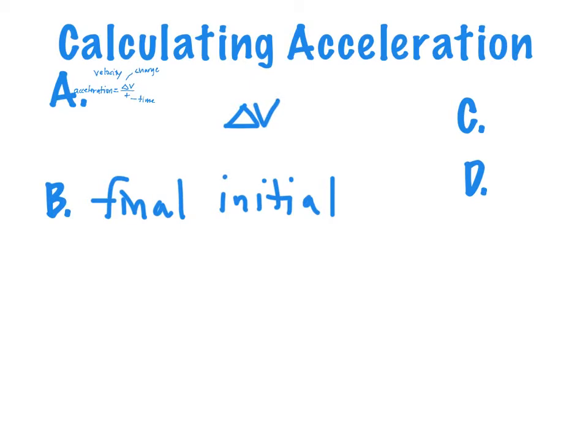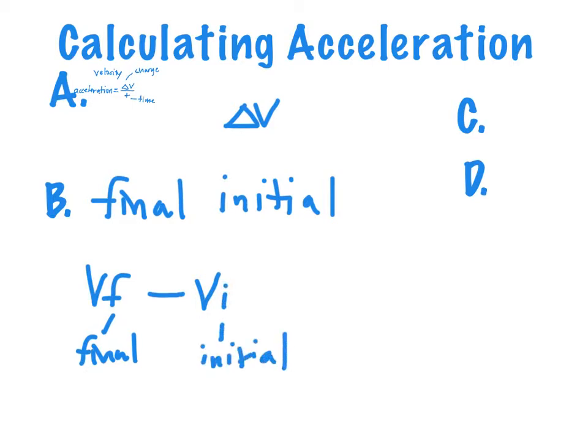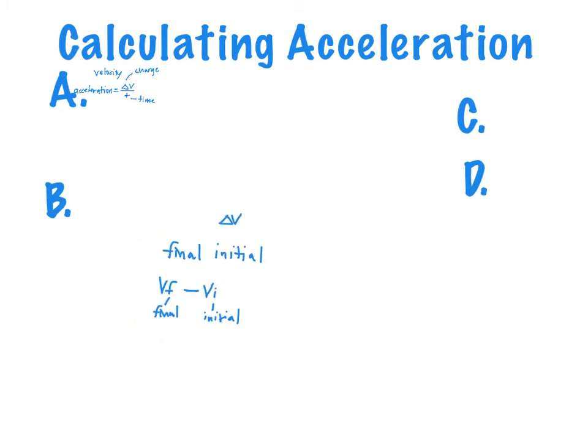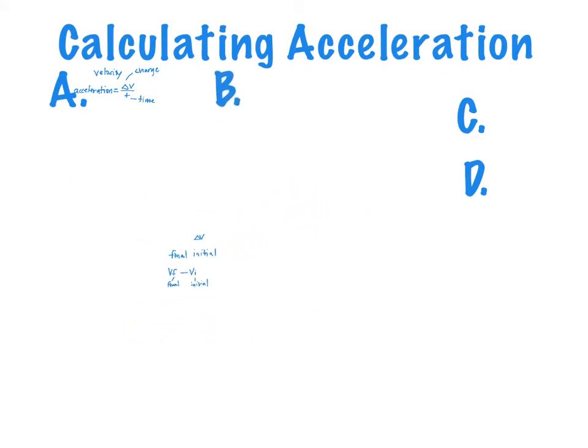So what I want you to write under B is vf, and that stands for final, minus vi, and that stands for initial. Okay, and that's all for letter B, so you can pause and write that if you need to.